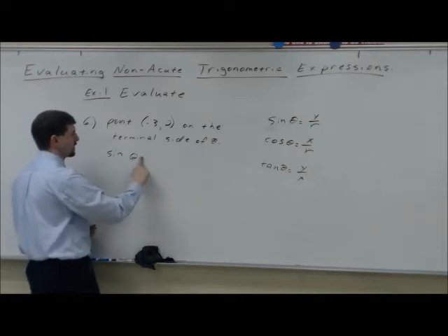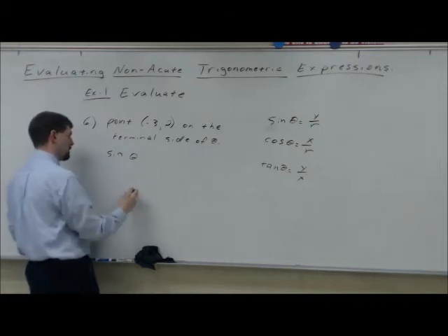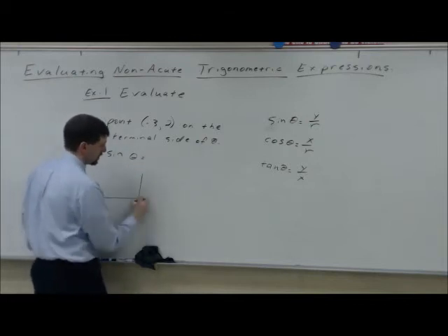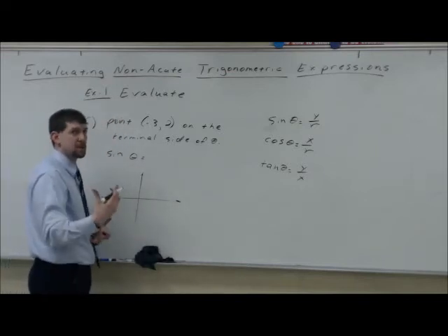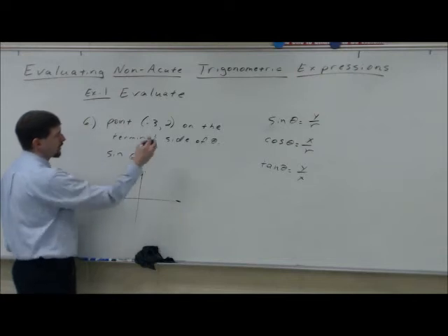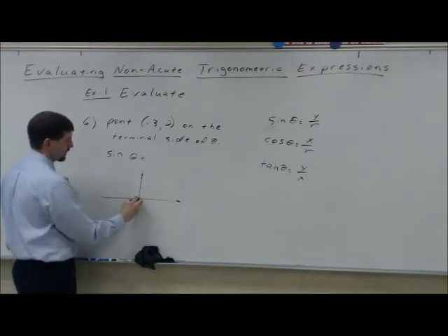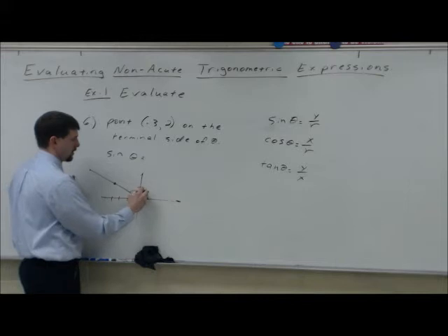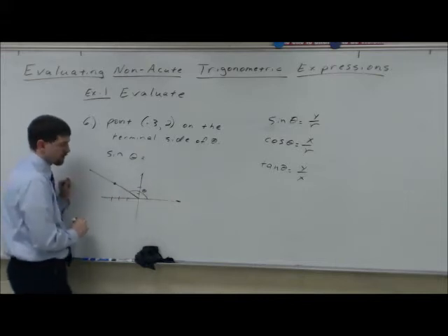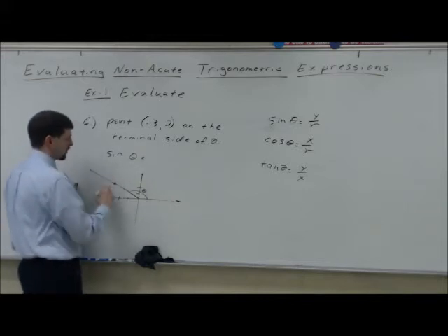Now, sine of theta is going to be opposite over hypotenuse. So we need to go back and identify what opposite and hypotenuse are. So if I draw my point, negative 3, positive 2, that's the terminal side of theta.